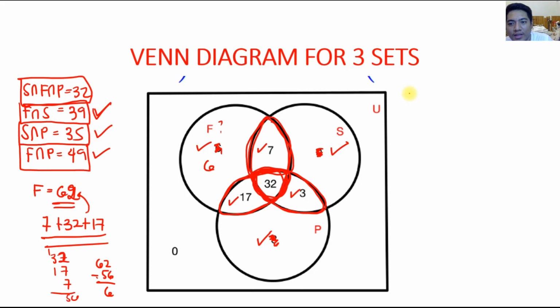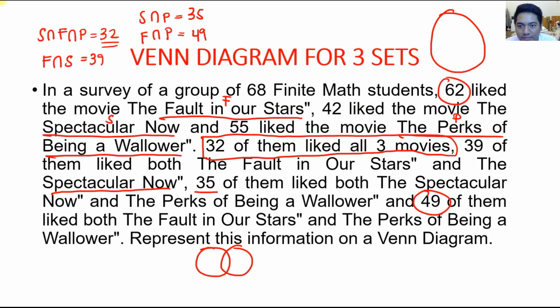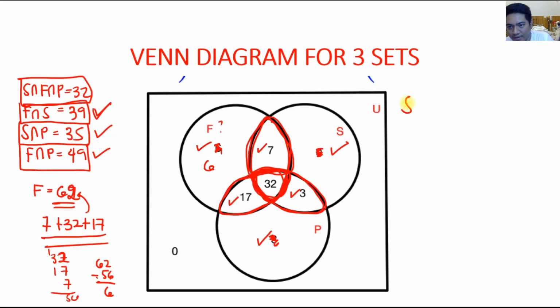The same goes with the S. So 42 like The Spectacular Now. So we have N of S, the 42. If we get the summation for S, we have 7 and 32 and 3. So that is 42.